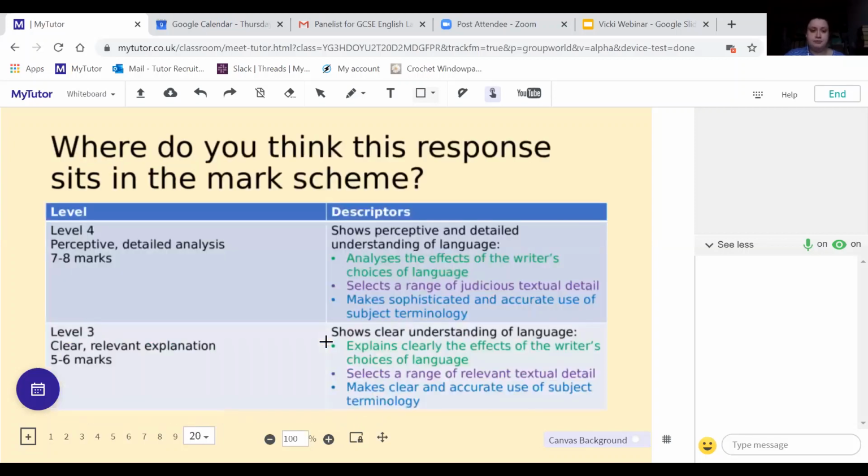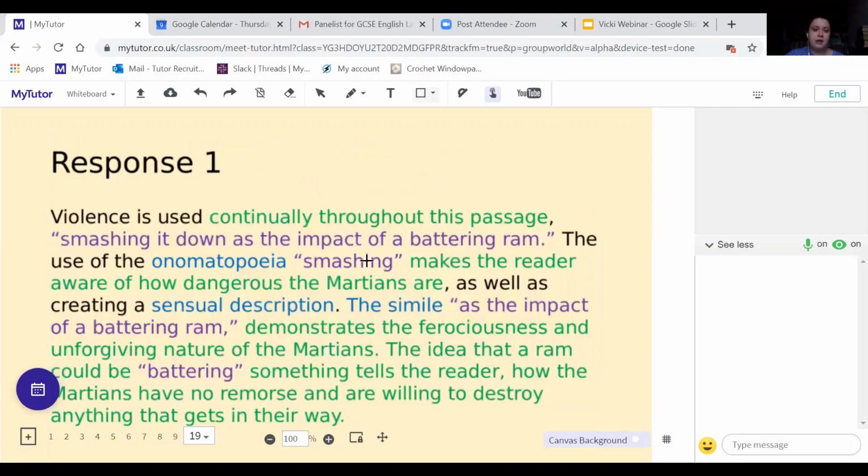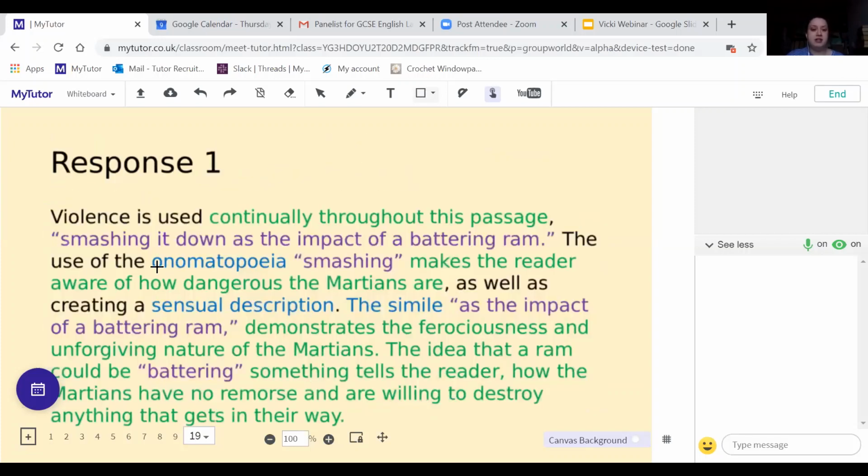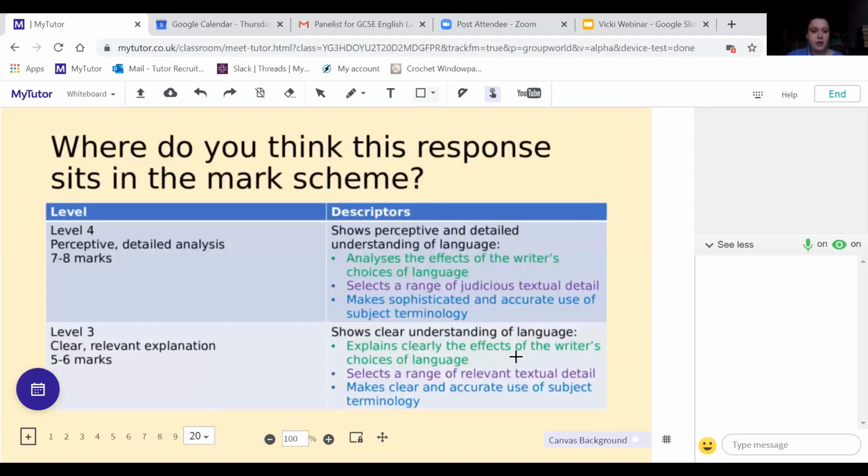Now our purple is the quotations I'm using, so you can see that I've chosen 2 quotations and I've zoomed in on the verbs as well. And then my use of terminology, so I've got onomatopoeia in here, sensual description and the simile. So this would come in at the level 3 band.